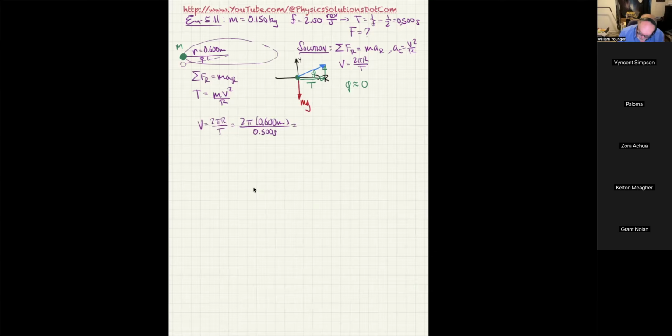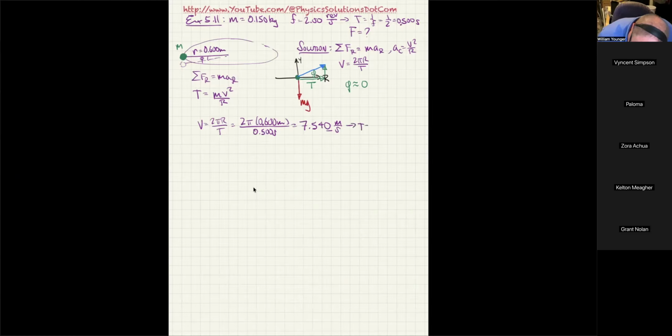So when I do 2 times 3.14159 times 0.6, and then divide that by 0.5, which is the same thing as multiplying by 2, I get 7.540, which is one extra digit beyond the sig figs. So that's 7.540 meters per second.